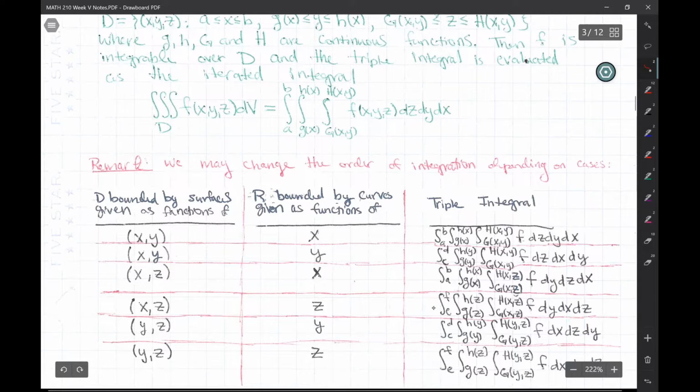And for z, I used e and f as bounds for z for when it's the last integral to take. Of course, please do not confuse that f, which is just a constant that would bound the final variable of integration, with the f that is the actual function. Okay, this is the function. This is just a constant.